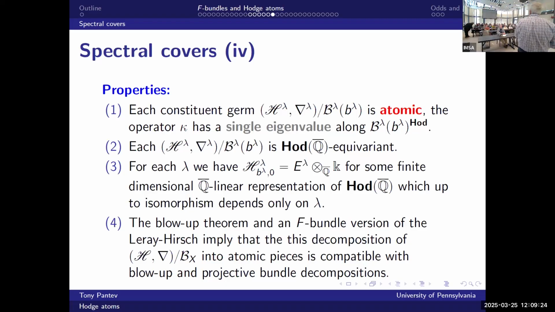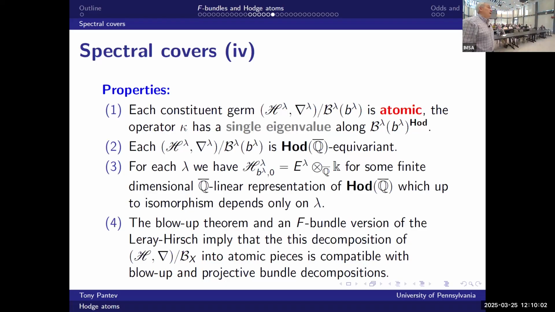It's a finite dimensional representation, it's a pro-reductive group, so it is covered by extension of scalars from Q bar to K of some Q bar linear representation. And because these guys are defined up to analytic continuation, by a continuous parameter, and representations of reductive groups don't have continuous parameters, this E lambda is uniquely defined up to isomorphism.